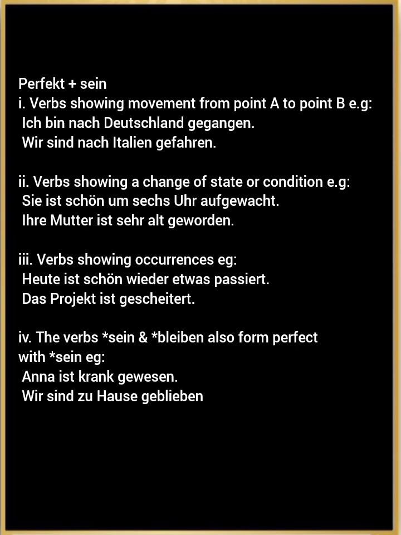Her mother has become very old. And then verbs showing occurrences. Verbs showing occurrences also form the perfect tense with sein. Things like to happen, to occur, they form the perfect tense with sein. An example is heute ist schon wieder etwas passiert.